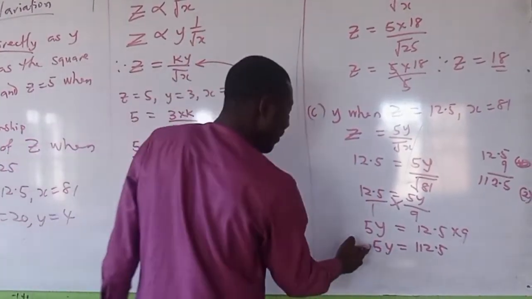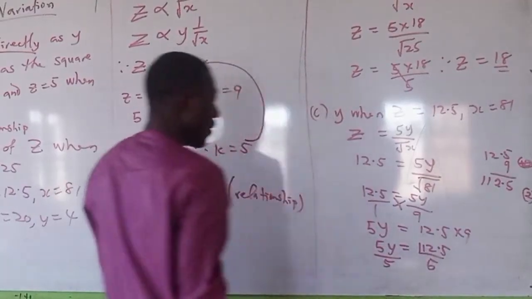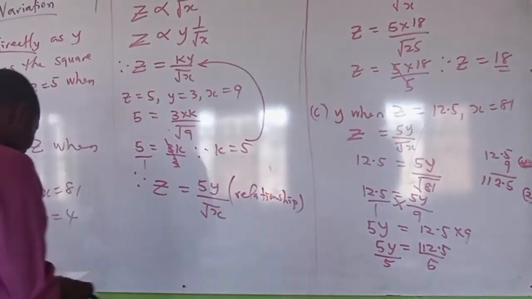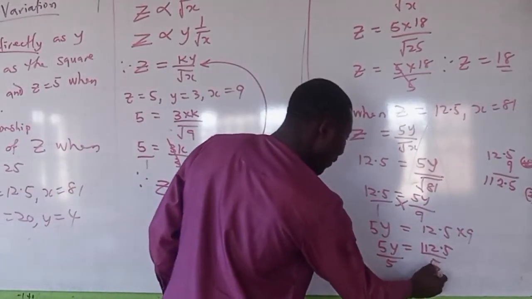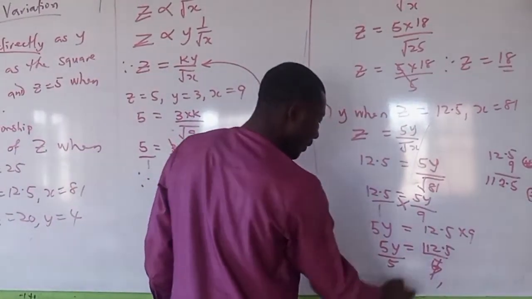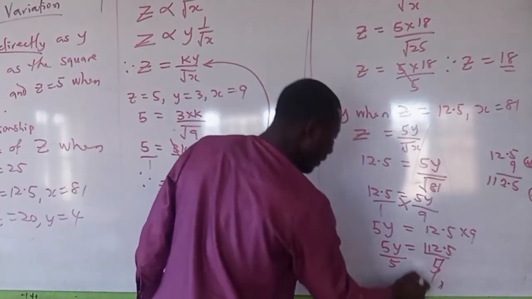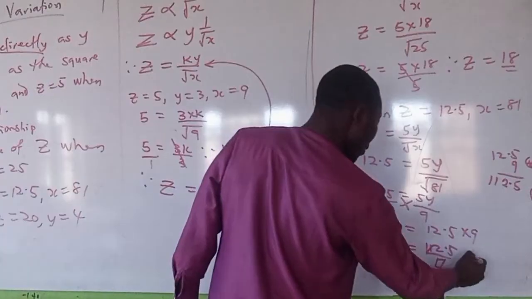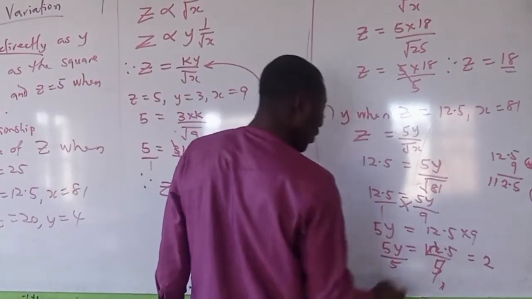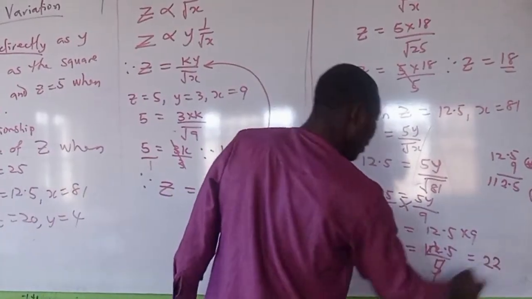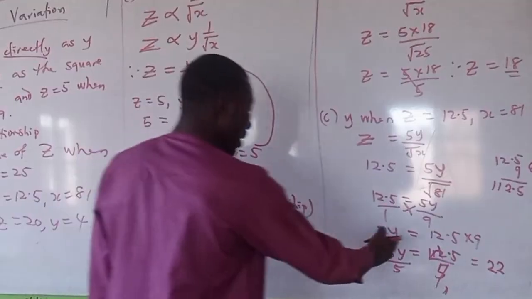At this point, we divide by the coefficient of y, which is 5. This one divided by 5, this one divided by 5. When you divide to the lowest term, this 5 here will give us 1. Let me write it very well. 5 here will give us 1. 5 in 11 will give us 2, remainder 1. 5 in 12 will give us 2, remainder 2.